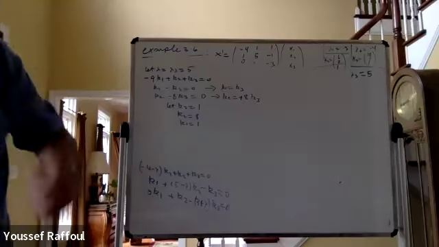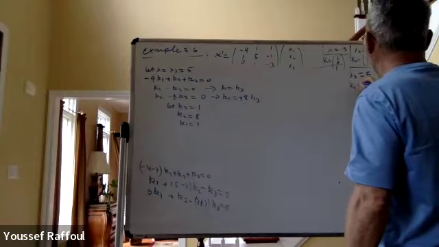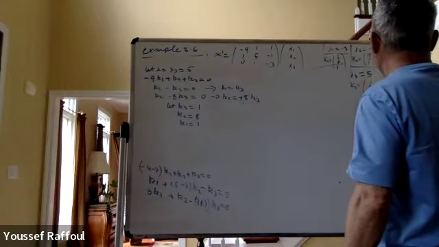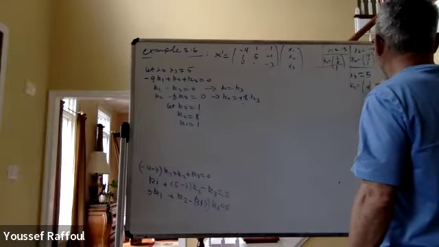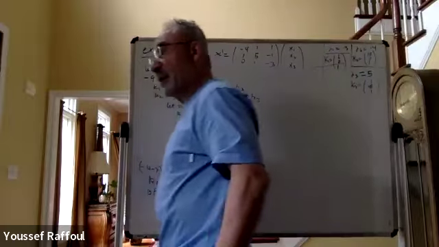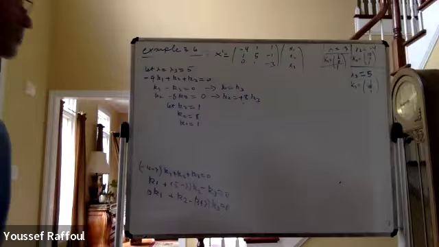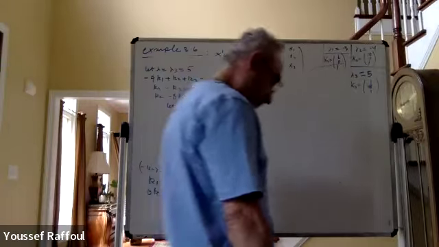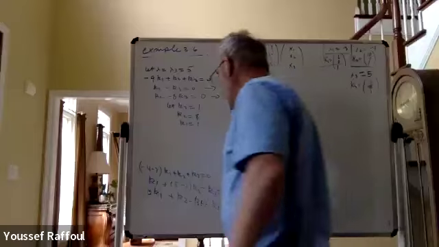Okay? So we'll have 1, 8, 1. So K3 is 1, 8, 1.